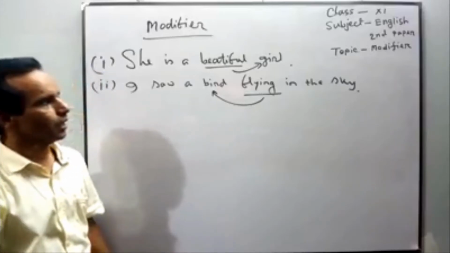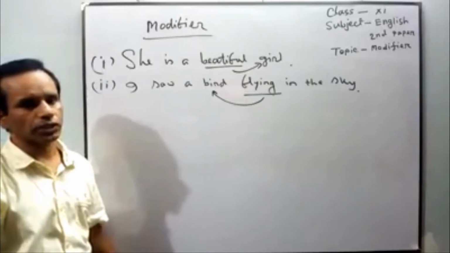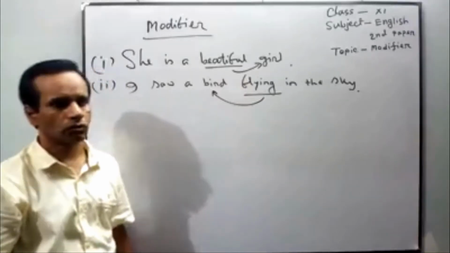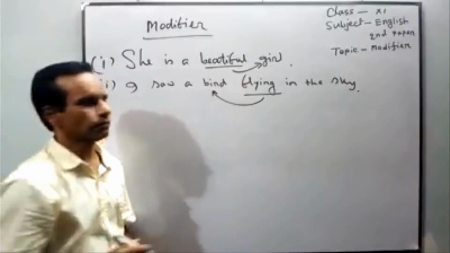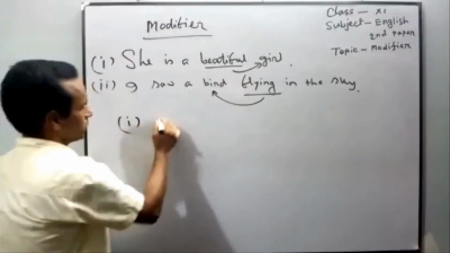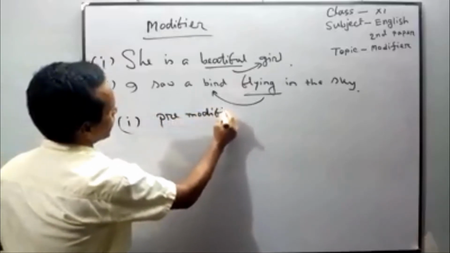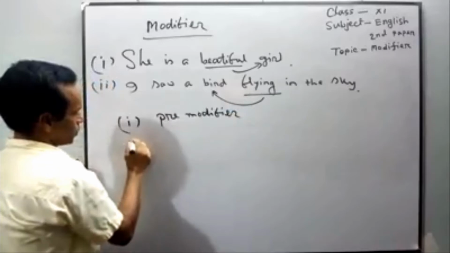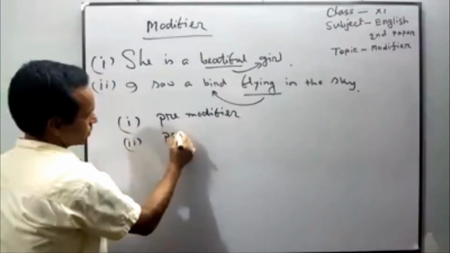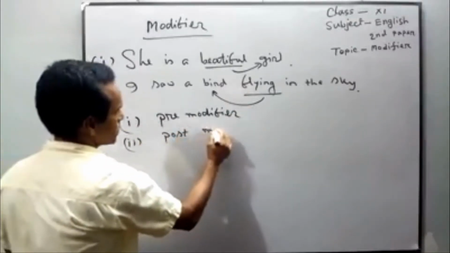Now, as a modifier may sit before or after a word, we have two types of modifiers. Number one, pre-modifier, and number two, post-modifier.